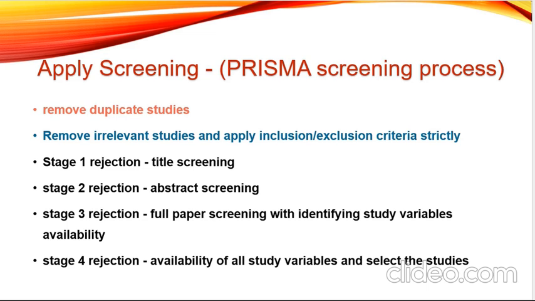If you find it is a repeated study in the collection stage itself, then it is fine. It is not necessary now, because you have rejected it at that time already. But if you have collected the studies repeatedly, knowingly or unknowingly, you should do this process by default. How to do this? I use Zotero software. Zotero.